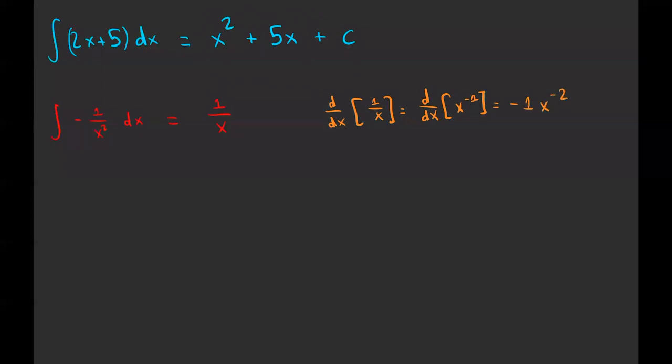So when I subtract 1 from -1, I get -2. This just simplifies to -1 over x squared. So we're seeing here that the derivative of 1 over x is -1 over x squared. So now flip that statement. That means the integral of -1 over x squared is 1 over x. But don't forget, plus c. There we go.